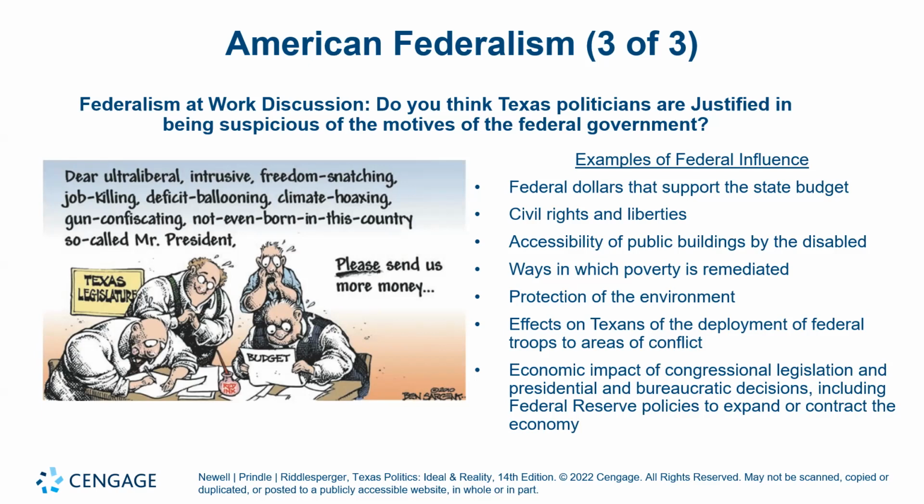I didn't know what the ADA was when I was little, but looking back on it now I see that. Ways in which poverty is remediated, like we talked about, can the federal government provide expansion of these federal dollars to these programs? And we will talk later on about how the states and the federal government are in this partnership when it comes to these federal programs.